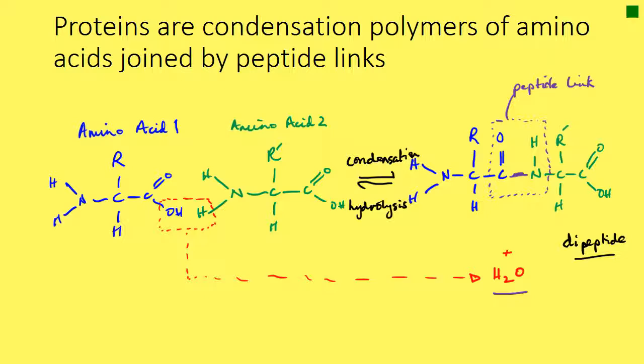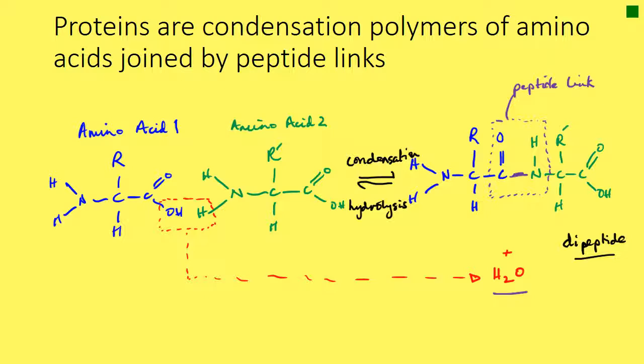So that's the peptide link, that bond between the carbon and the nitrogen: the carbon from the carboxyl group of amino acid 1 and the nitrogen from the amino group of amino acid 2. That's a new bond, and we've had our water drop out in that process, and that's a peptide link.